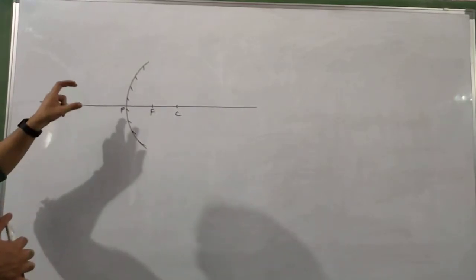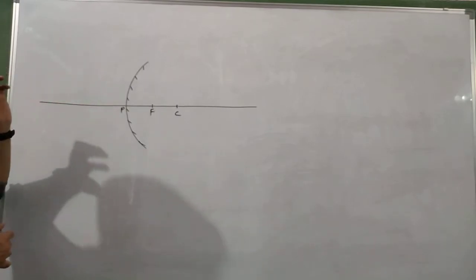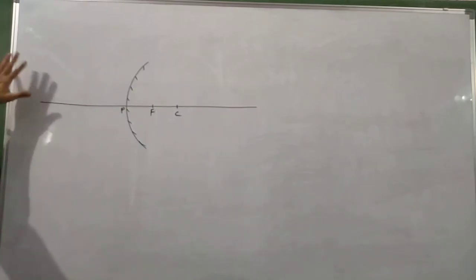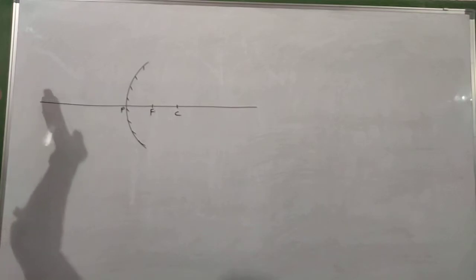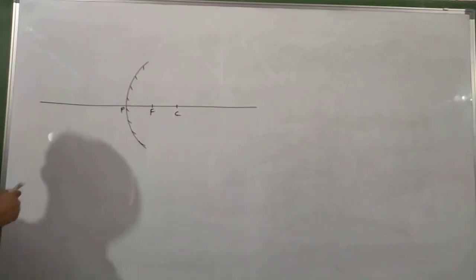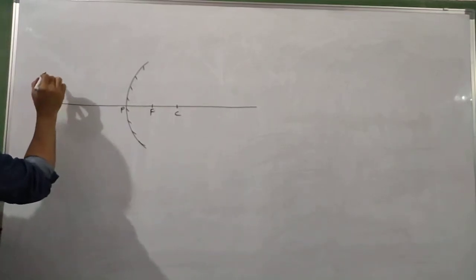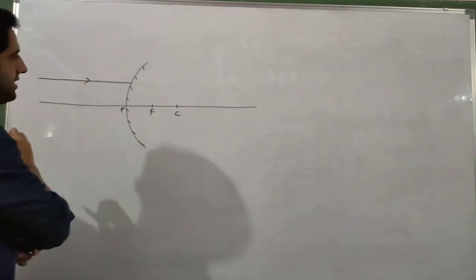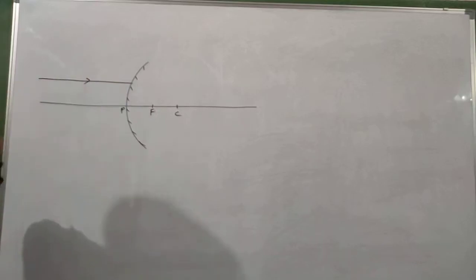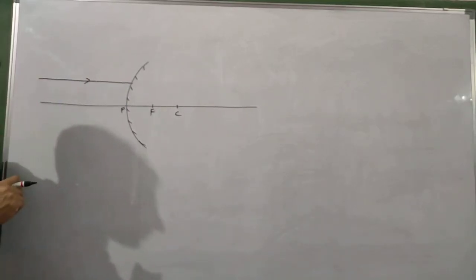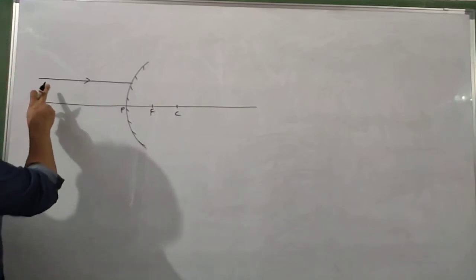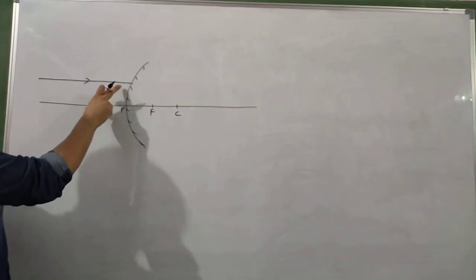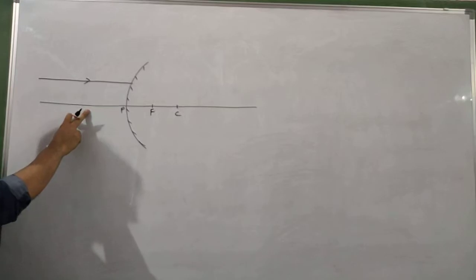I'll tell you. Imagine that there are rays coming from an object. There is an object somewhere here towards the left, and the rays are coming from that object. Suppose one of the rays, I am drawing just one ray, is the incident ray and it falls on this mirror. Now what will happen? In the case of a concave mirror, we knew that any ray parallel to the principal axis after reflection will pass through the focus.